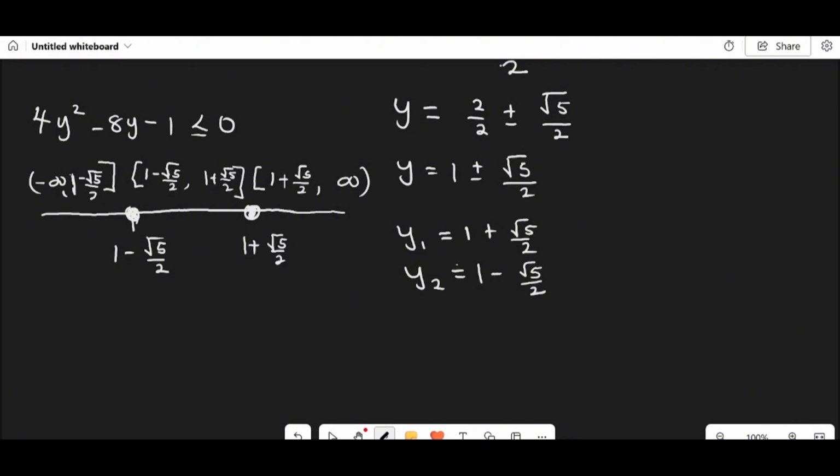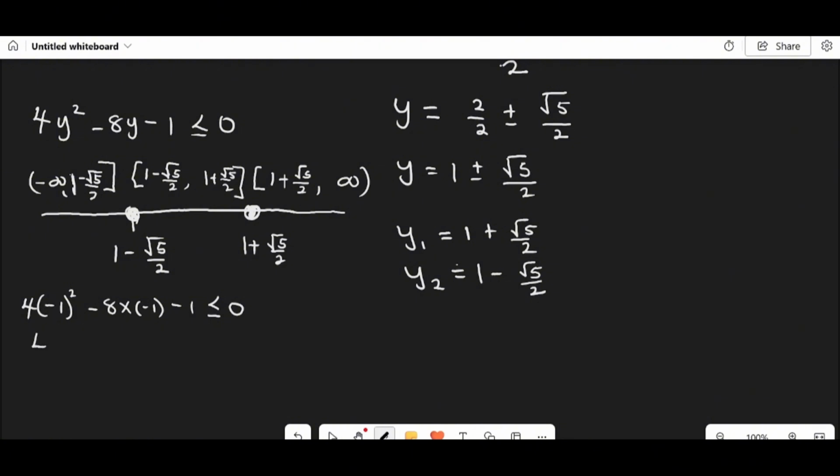So let us pick a test point in each interval and test which one holds true. Let us pick -1, which falls within this region, and substitute it into this inequality. So we are going to have 4 bracket -1 squared minus 8 times -1 minus 1 less than or equal to 0. -1 times -1 will give us 1.